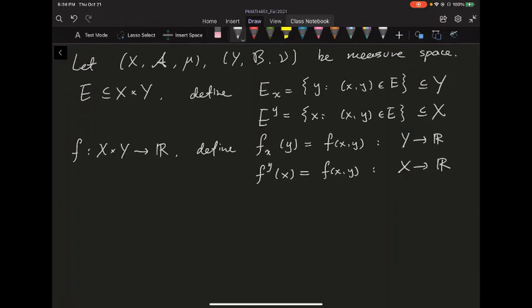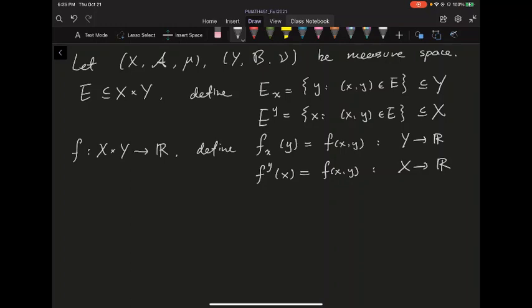If I have two measure spaces, X and Y, then I can define the following notation. If I have a set E inside the product space X times Y, I define E lower x to be all the y such that (x,y) is inside E. Here the x is fixed, and I'm looking at what the y values are.